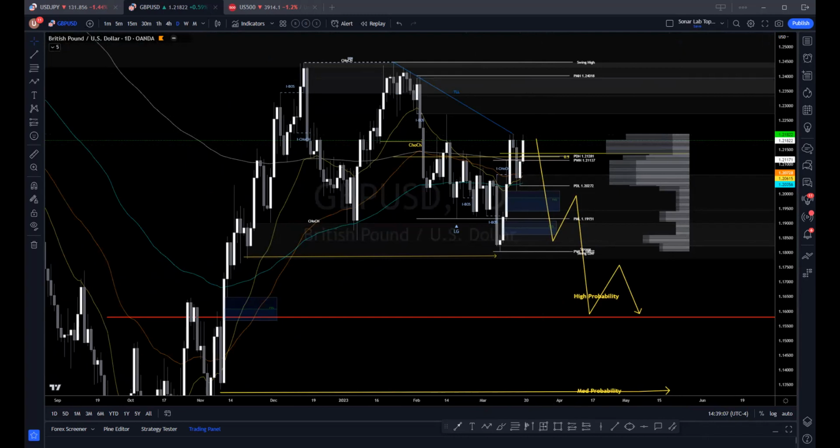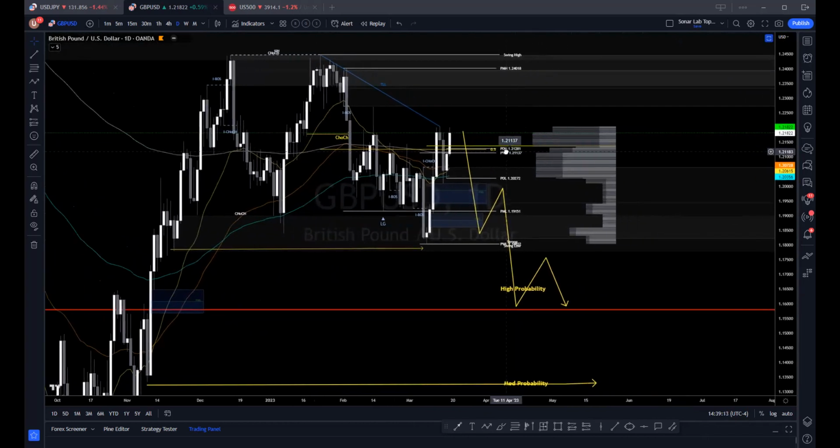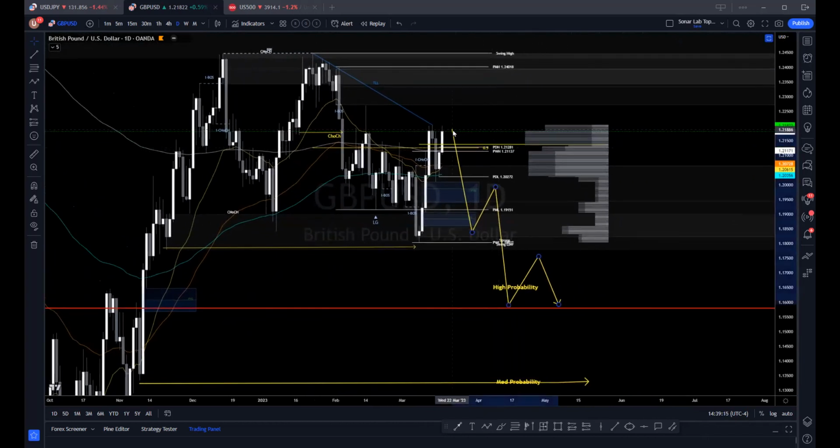We have the pound interest rate decision happening this week. Now, with that being said, I don't think the interest rate decision for the pound is going to help the pound in terms of its currency, right?